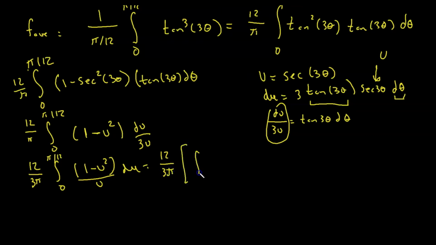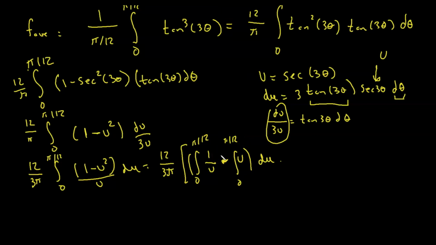If I split this numerator and denominator term-wise, I get u minus 1 over u, since u squared over u is just u, all of that times du, from 0 to pi by 12.